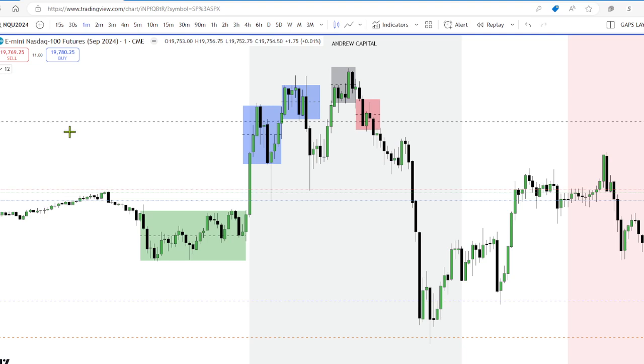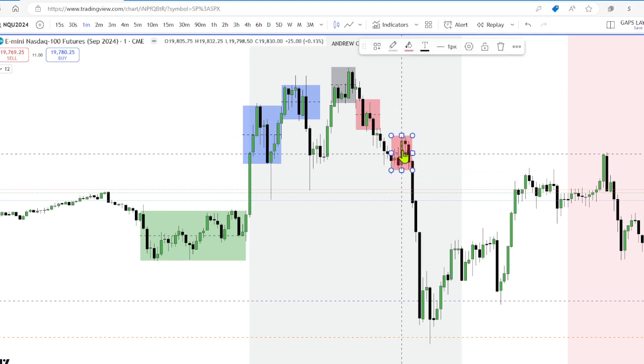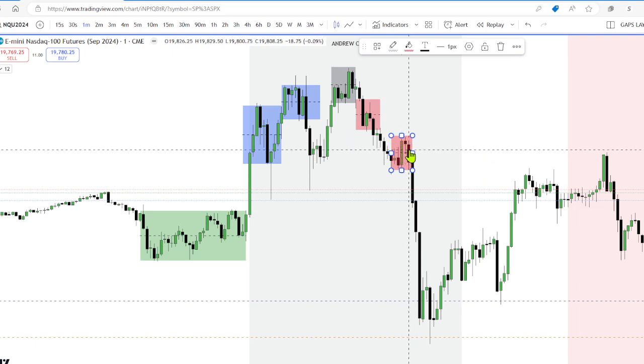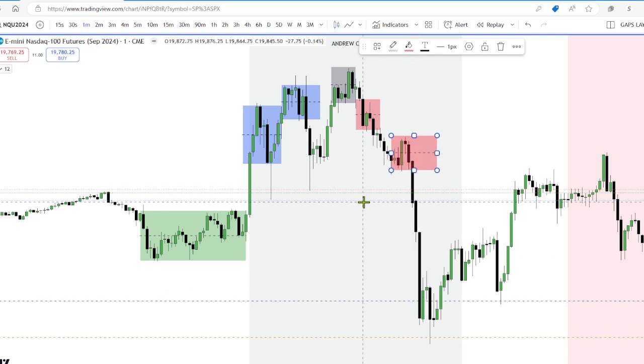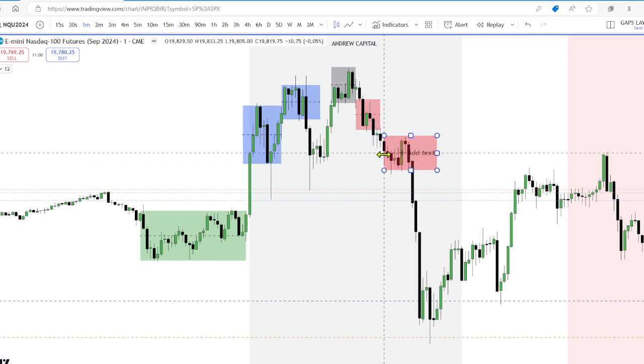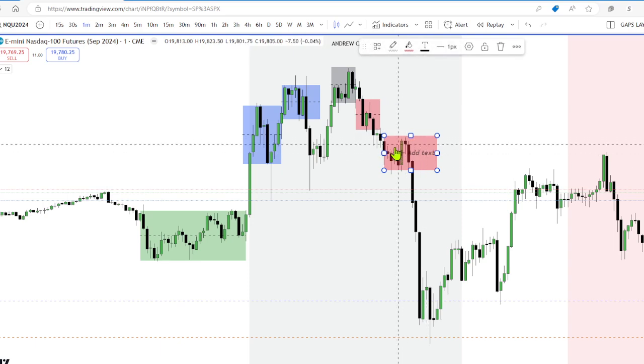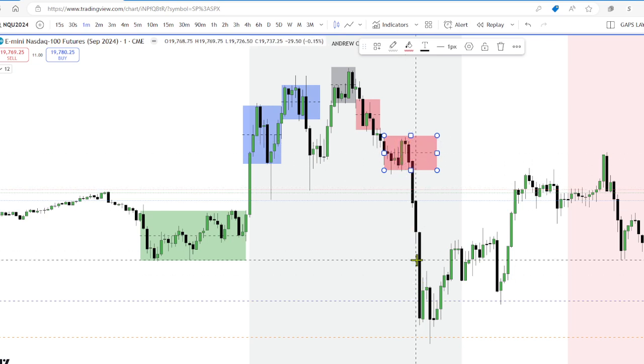Then we get our move down and then our second stage in here. Then we get an aggressive move down with speed, right? This is ICT's favorite entry, the second stage distribution, because you get such a ridiculous amount of speed and aggressive movement towards the original consolidation lows.